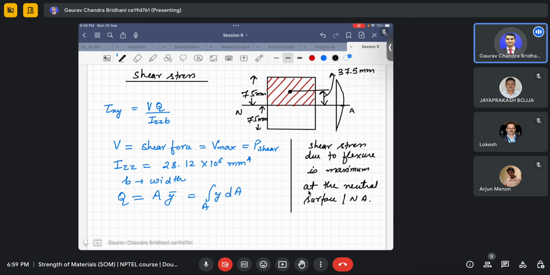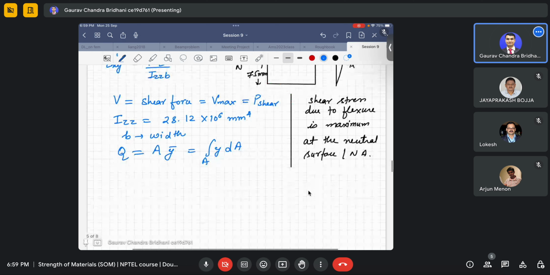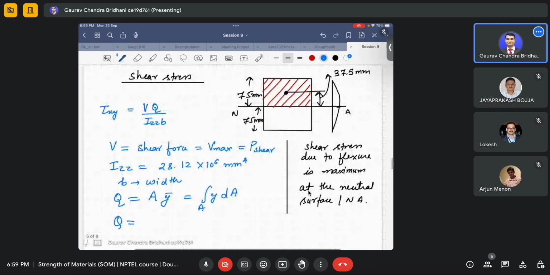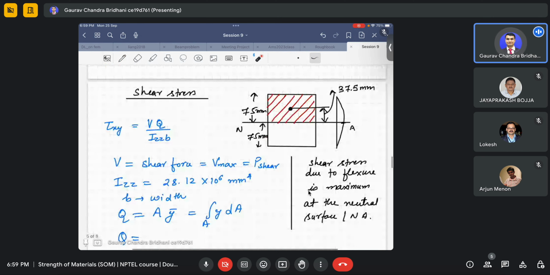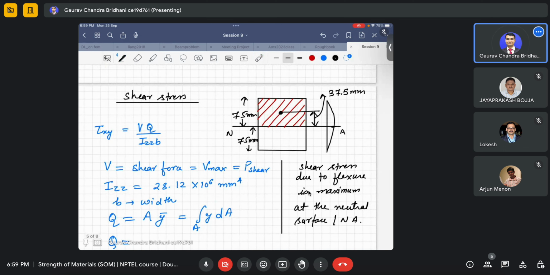Now I also know the area, so let's find it out. Q will be half of the area. So this area will be 75 into width. Width is how much? 100. This is 100 mm width.